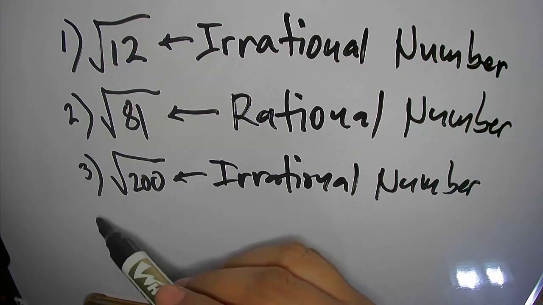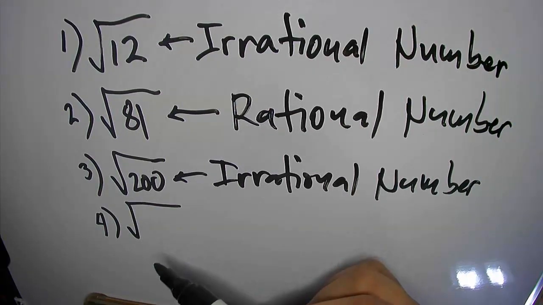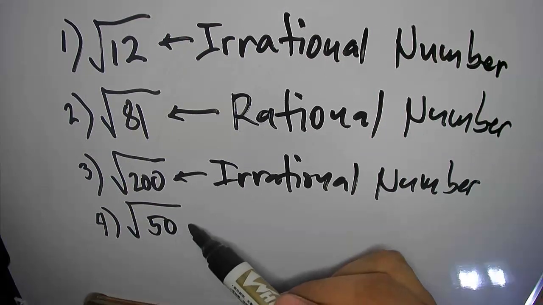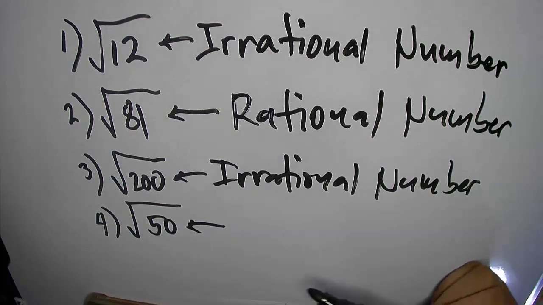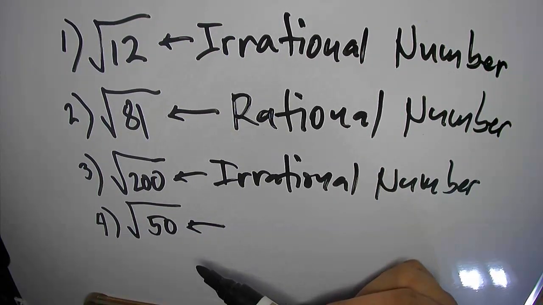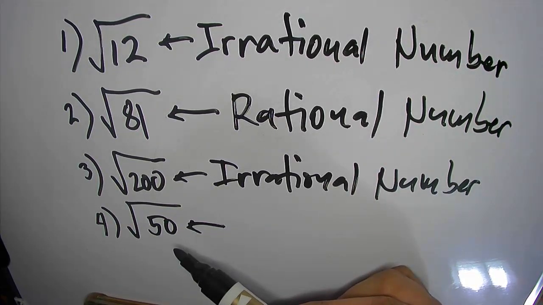How about number 4? Square root of, let's say, 50. Rational ka ba or irrational number? So, square root of 50, nanggaling ba yan sa dalawang number na magkapareho na pag minultiply natin, ang sagot niya ay 50?